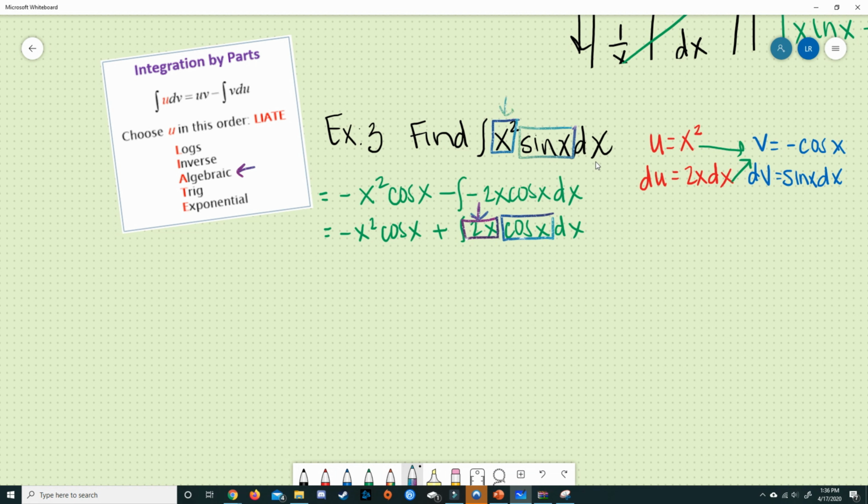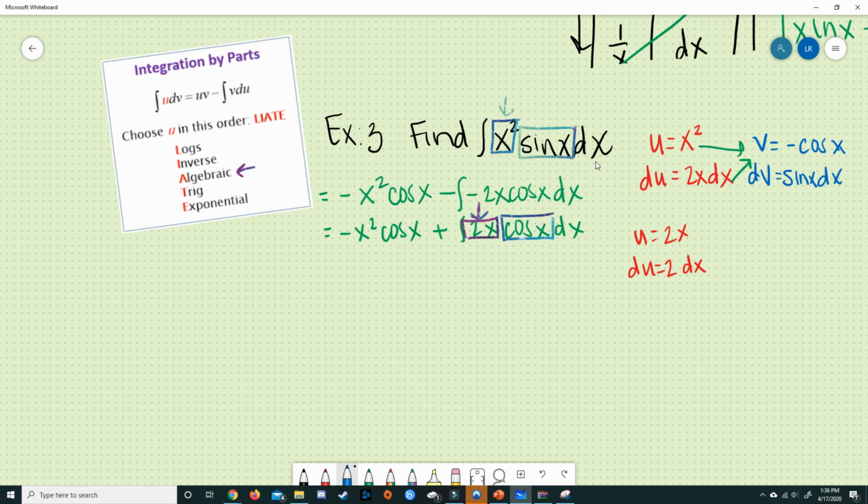If you switch, you're going to do a circular function and get yourself back to the original. So when you're doing repeated integration by parts, make sure that whatever you had for u, its derivative is your next u. So u is going to be 2x, which makes du 2.